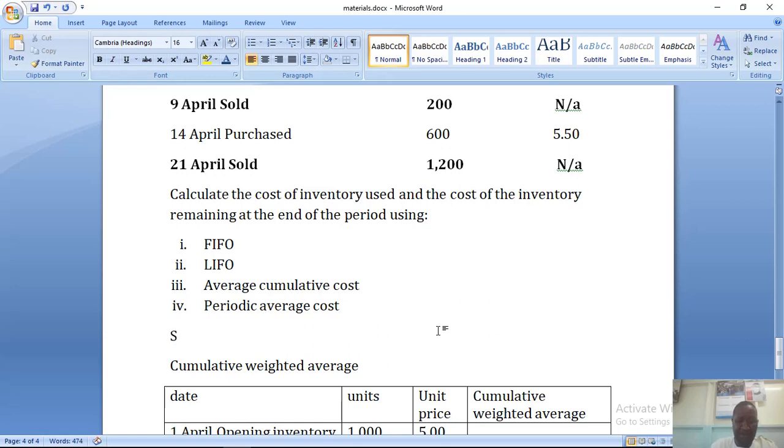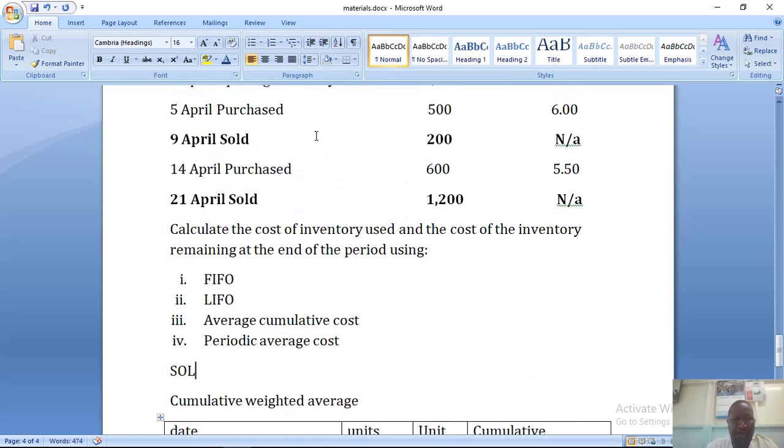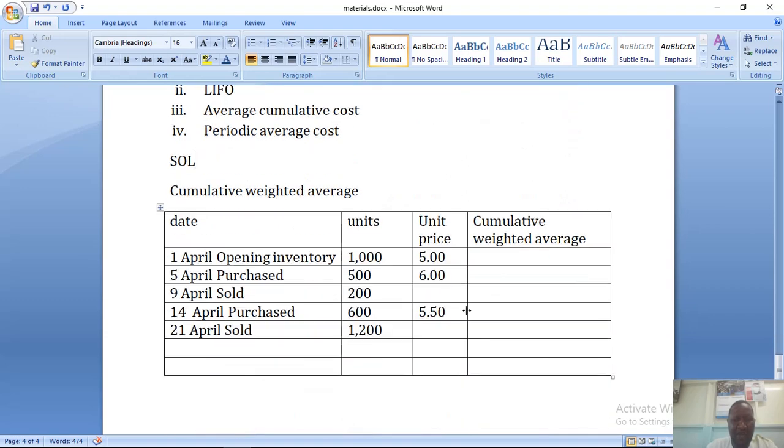So as part of the solution, putting just this data in a table, we have something like this. 1st of April we have that, 5th of April we have that, and then we are issuing on the 9th of April. So here you need to calculate the average cost.